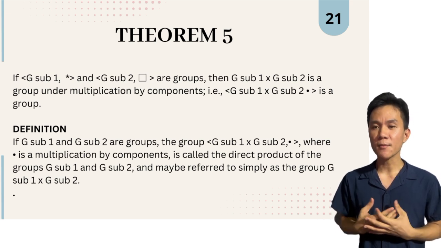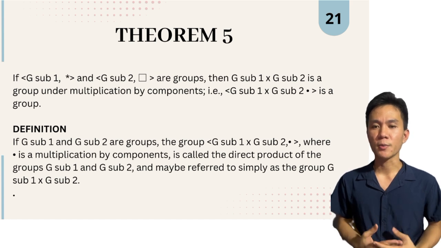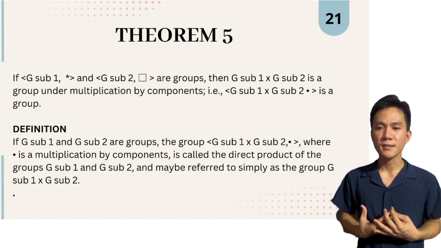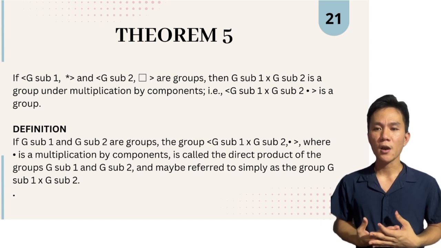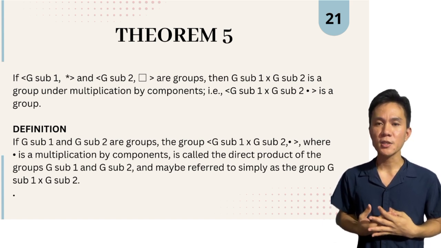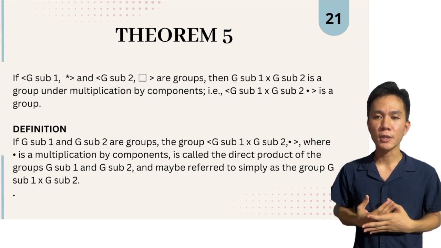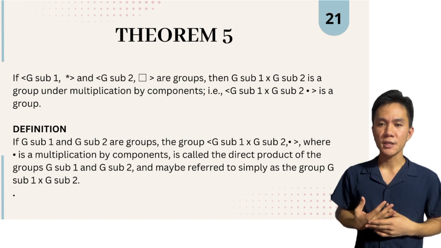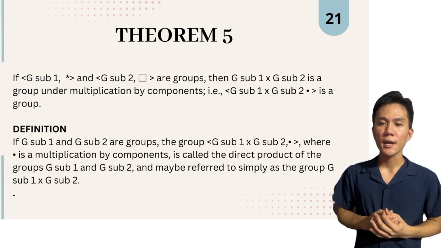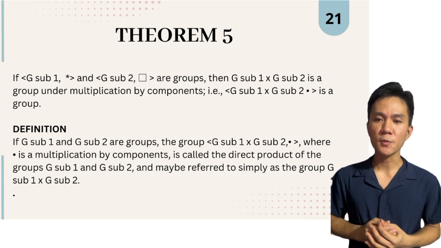So the definition is: if G sub 1 and G sub 2 are groups, the group G sub 1 times G sub 2, where the operation is multiplication by components, is called the direct product of the groups G sub 1 and G sub 2, and may be referred to simply as the group G sub 1 times G sub 2.